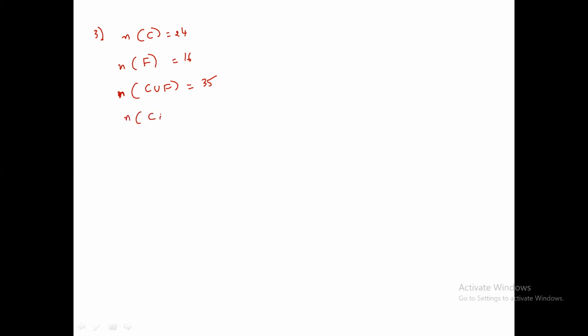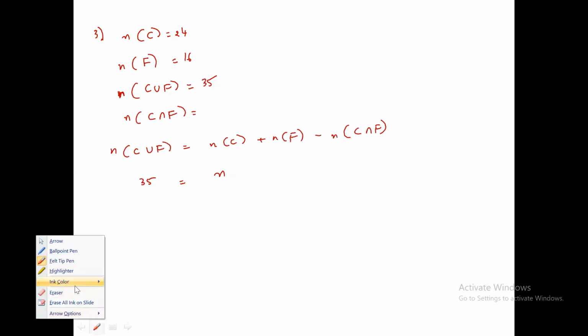Number of students who like cricket and football, C intersection F. So the formula is N of C union F is equal to N of C plus N of F minus N of C intersection F. Because C union F is 35, N of C is 24.